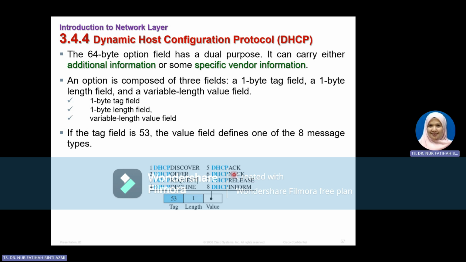Then number 7, DHCP Release is when a client no longer needs its assigned IP address, so it will send this message to the server to return it to the available pool. And lastly, we have the DHCP Inform. A client might use this message to request additional configuration parameters without needing to obtain a new address.